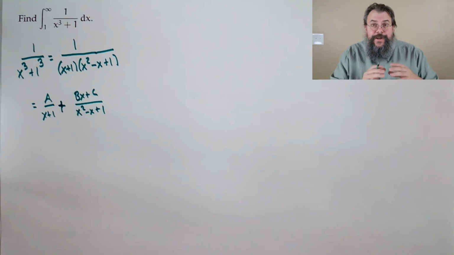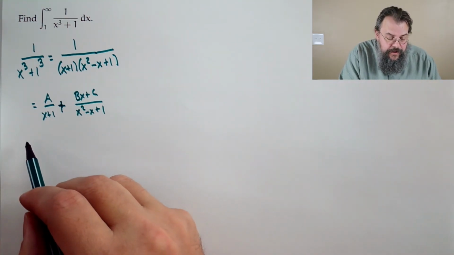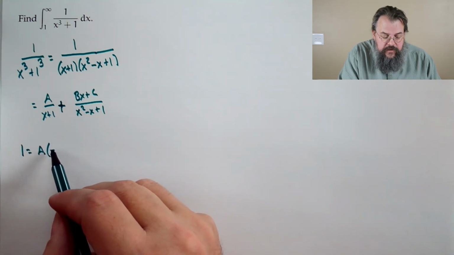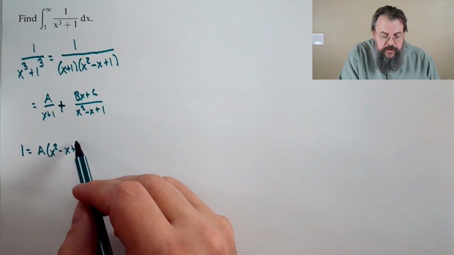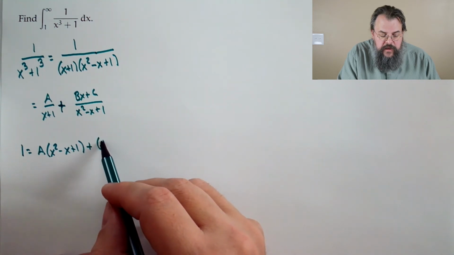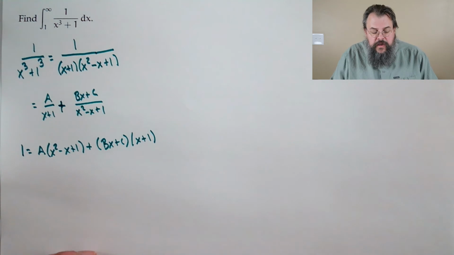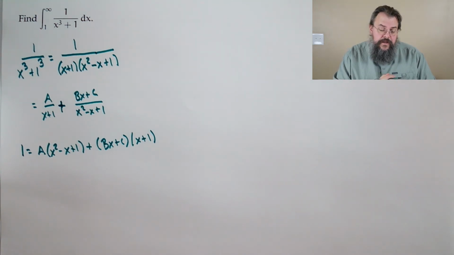All right, clear denominators. So we get that 1 is equal to a times x squared minus x plus 1 plus bx plus c times x plus 1. All right, well, let's choose values. And if we choose well, it's not going to be too bad.